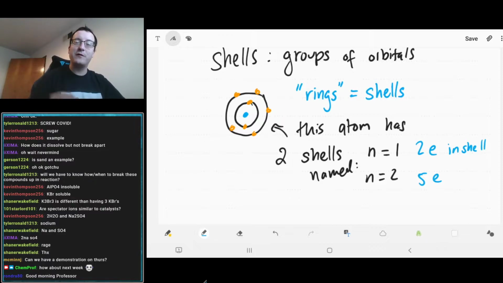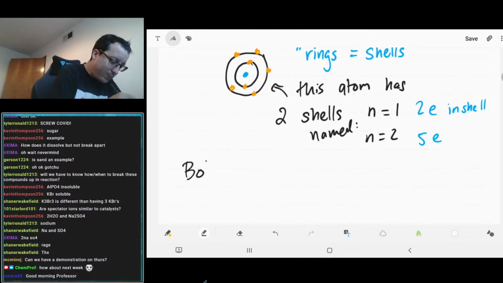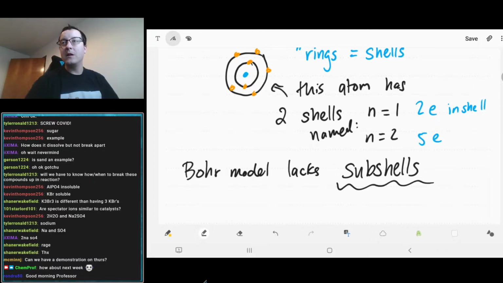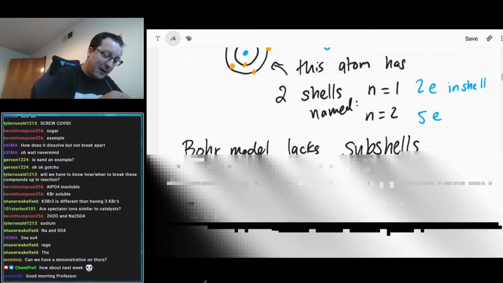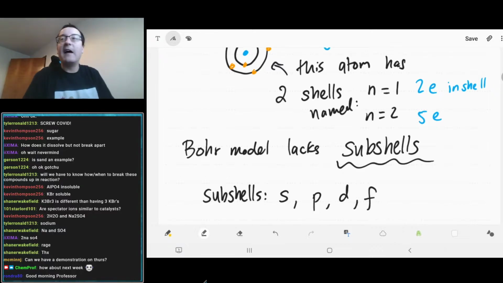And so it's important for us to describe those. So what this model lacks are what are called subshells. And so those subshells are going to be the S, the P, the D, and the F.